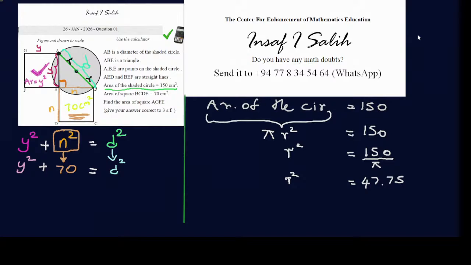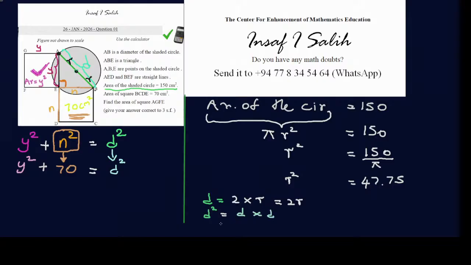D is equal to 2 times the radius. So then what is d squared? D squared is d times d.